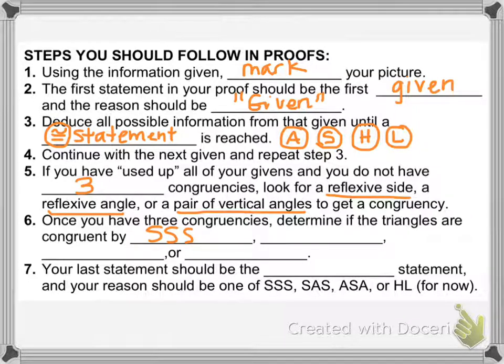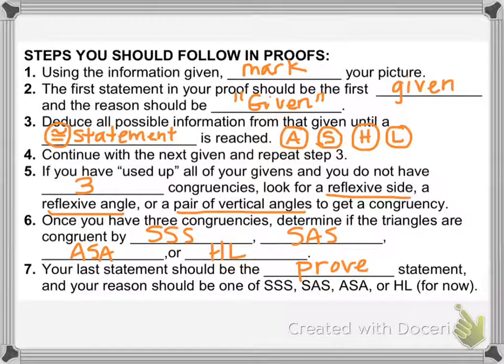So as we were saying, step 6, once you have all the 3 congruencies that you need, you can determine if the triangles are congruent by SSS, SAS, ASA, or HL. And you will actually put those as your reason. So the very last statement will be your prove statement.